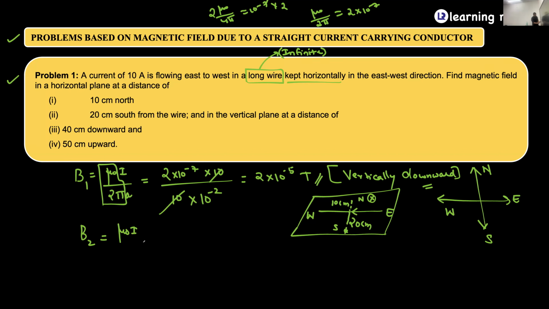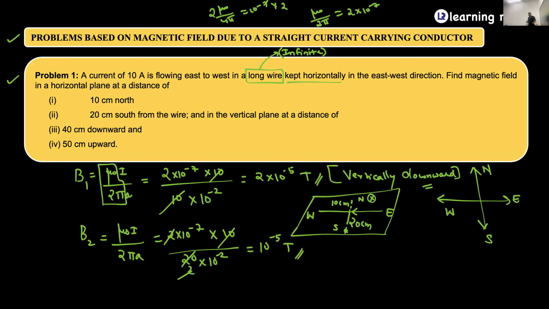It will be the same mu naught I divided by 2 pi A. So mu naught by 2 pi is still going to be 2 into 10 power minus 7 into I is 10, the whole divided by, what is the value of A? 20 into 10 power minus 2. So this will cancel this 2 times, 2 and 2 are gone. So you will get the answer as 10 power minus 5 Tesla.